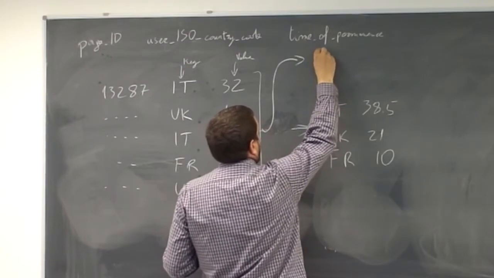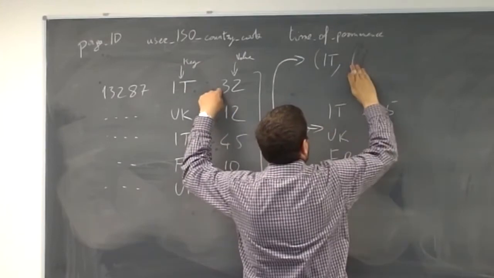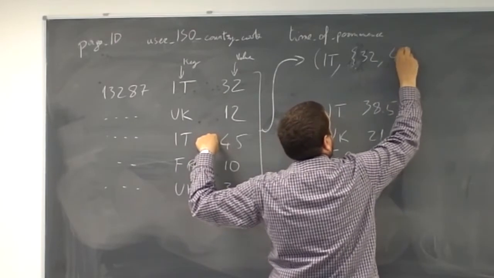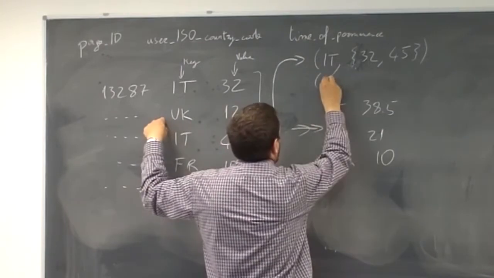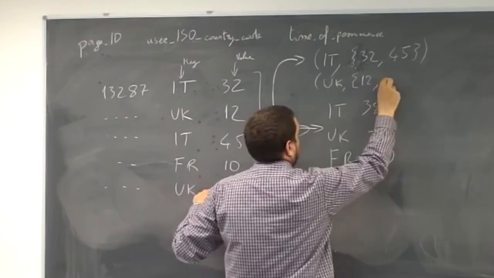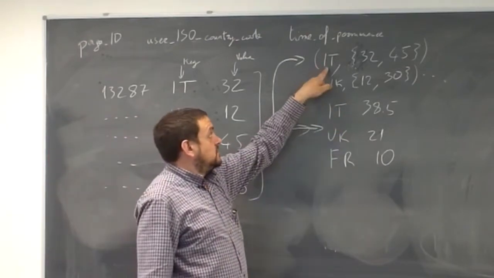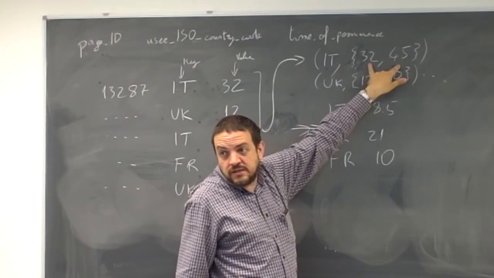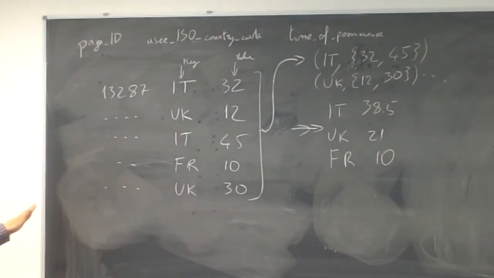The reducer will receive tuples in the form IT followed by the sequence of 32, 45. UK 12, 30, and so on. Of course, a reducer that receives this can simply compute the average of these numbers, so it gives the result. Okay, so this is the simplest implementation.